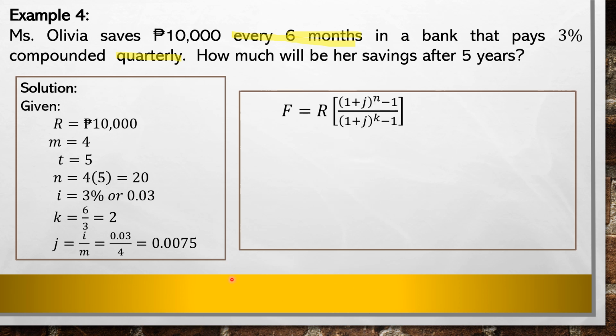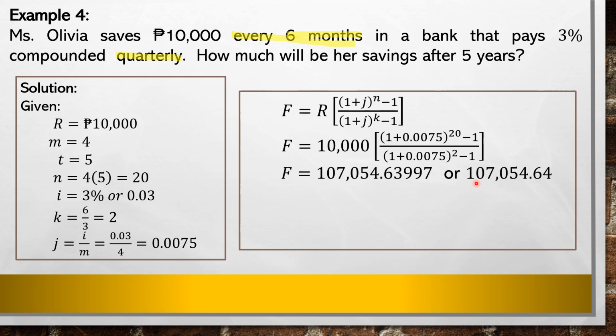We will just substitute that to the formula. Regular payment, 10,000 pesos, times 1 plus J, which is 0.0075, raised to N, which is 20, minus 1, all over 1 plus J, 0.0075, raised to K, which is 2, minus 1.